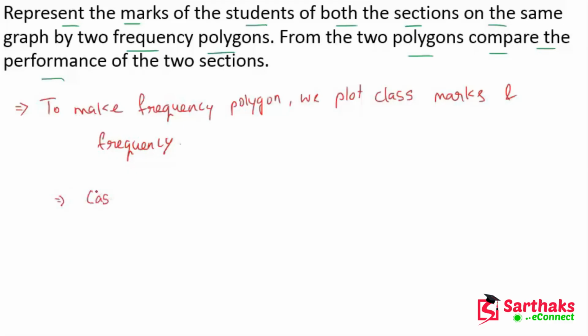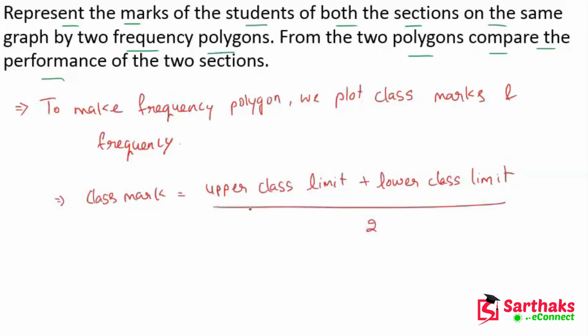Class marks is equal to upper class limit plus lower class limit, and it is divided by 2. So this is the formula.